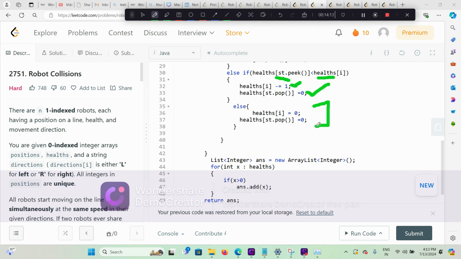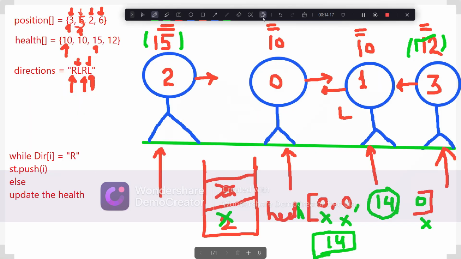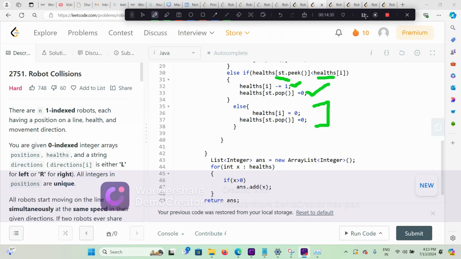Else means both health values are equal. Like in the example itself, we have here 0 and 1, both of them having equal health value. So that is why in the health array I have made 0 and 1 equal to 0, both of them. For the same reason, if health of i and top of peek are the same, then we assign 0 directly to both of them.